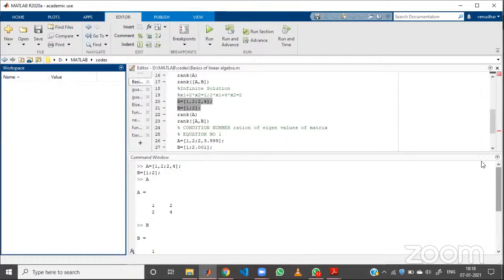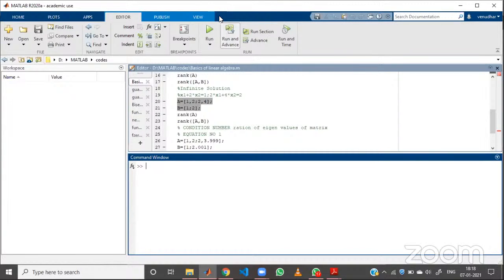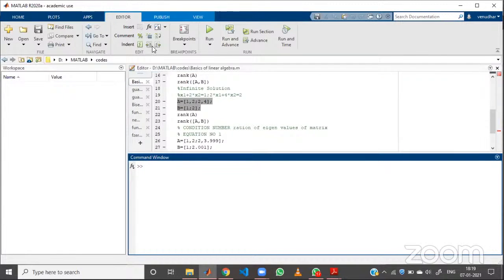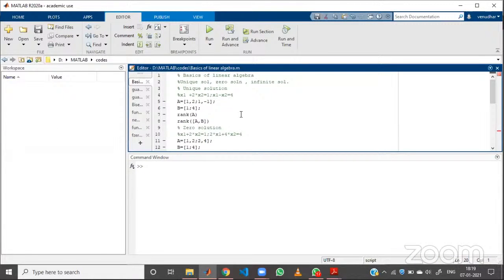Clear workspace, clear command window. Okay, so I think up to this everything is clear. We know the basics of how to get the unique solution, the zero solution, and the infinitely many solutions in MATLAB.